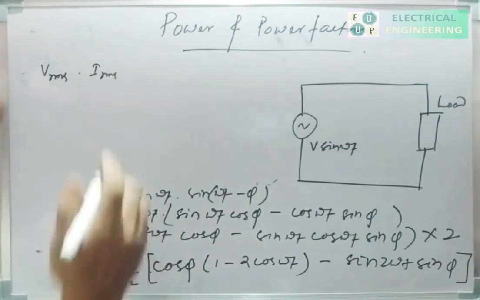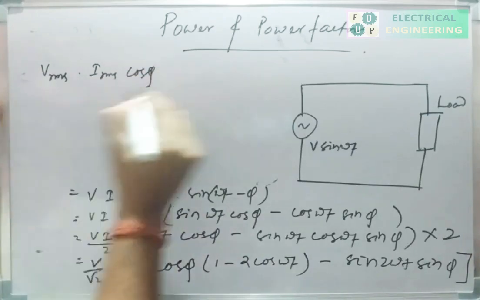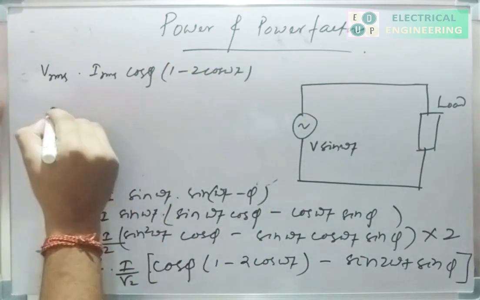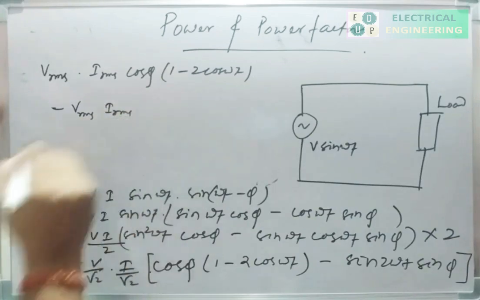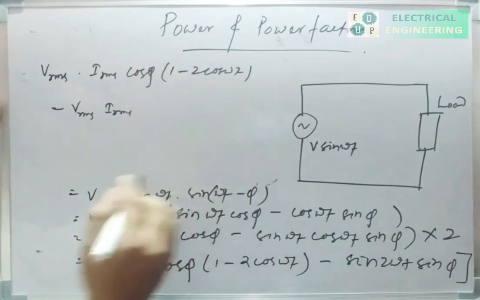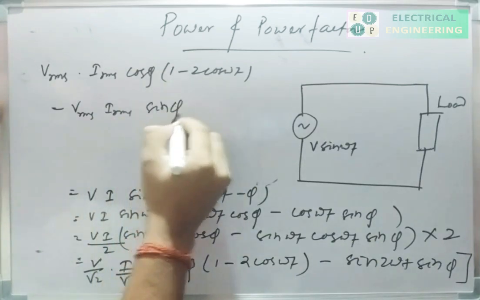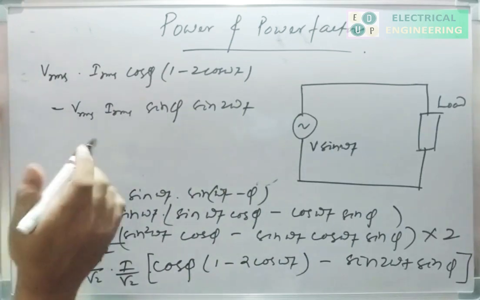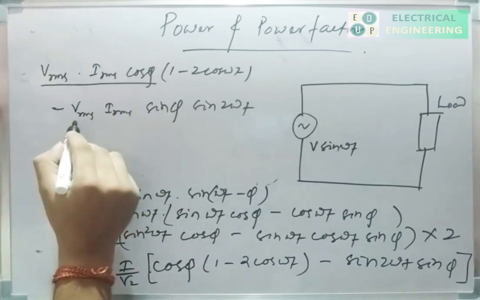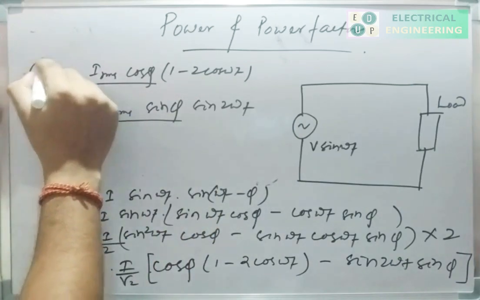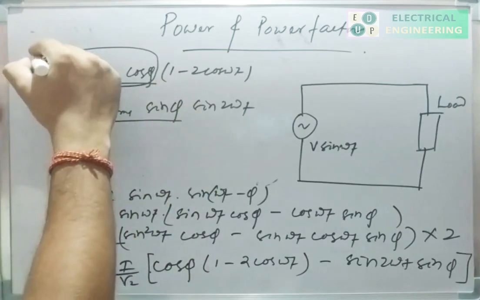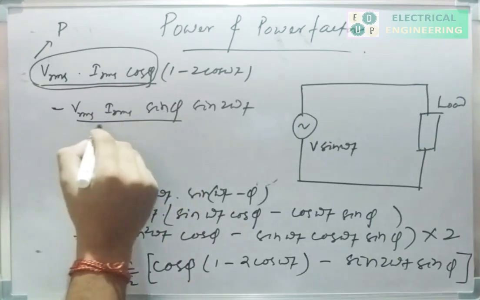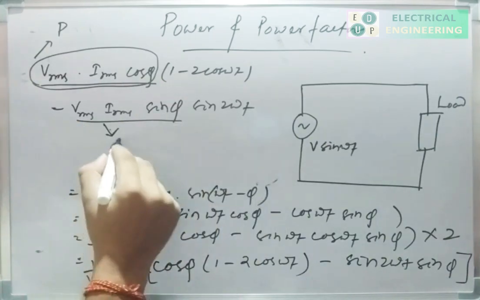So we have V RMS I RMS cos phi into (1 minus cos 2 omega t), minus V RMS into I RMS sin phi sin 2 omega t. Here you see one thing: V RMS I RMS cos phi is nothing but active power P, and V RMS I RMS sin phi is nothing but reactive power Q.